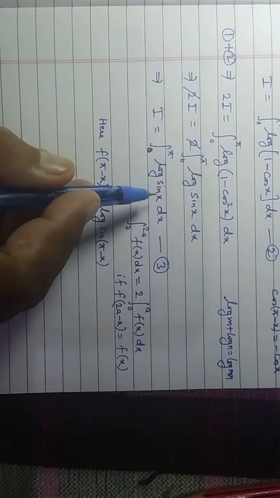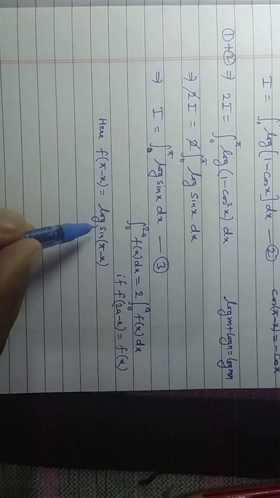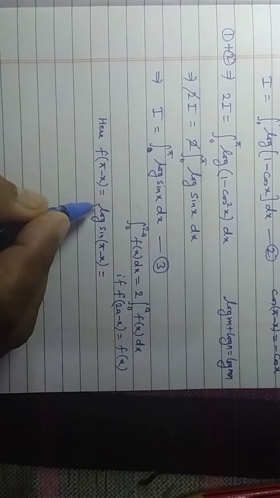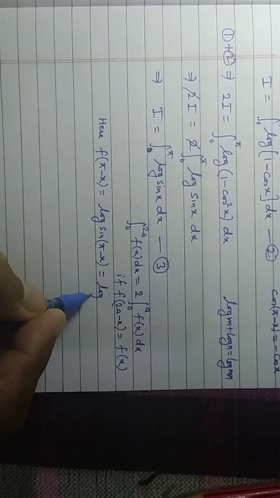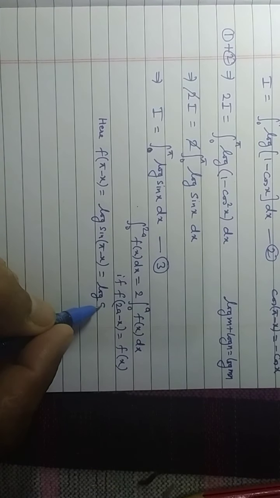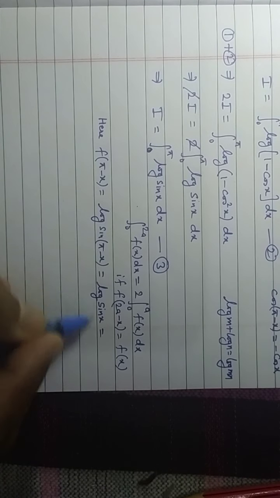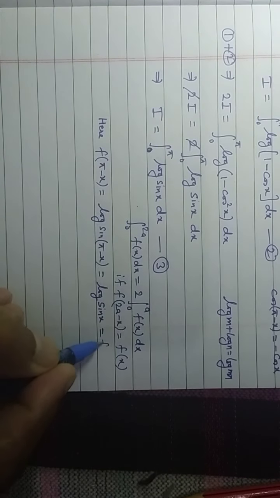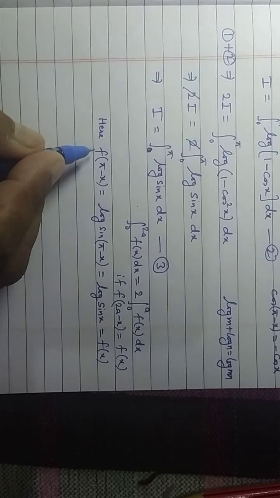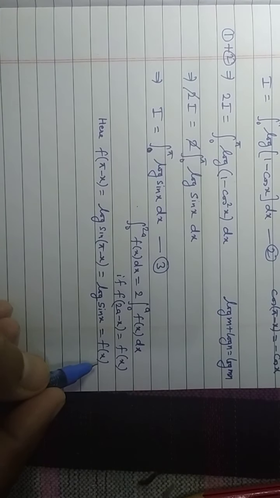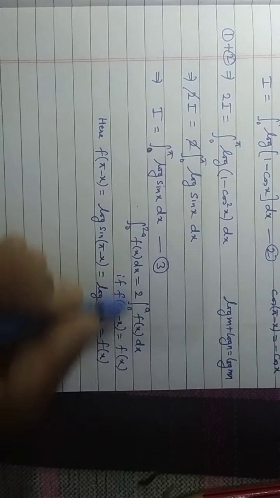So we have replaced x by upper limit minus x, log sin(pi - x). And let us check what this is. Log sin(pi - x) is log sin x. We have read it in class 11, and log sin x is f(x). So we have seen that f(upper limit minus x) is the same as f(x). So we can apply this property.